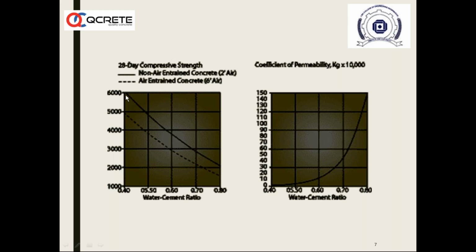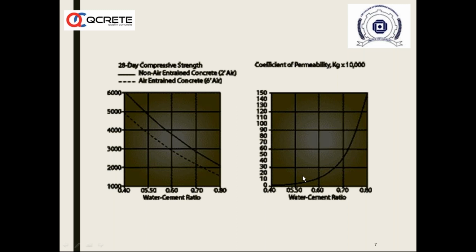So from 40 MPa, the strength goes down to 14 MPa approximately when you move away from a water cement ratio of 0.4. So this is the law of water cement ratio. The law of water cement ratio says the strength is completely governed by water cement ratio and strength is inversely proportional to water cement ratio.